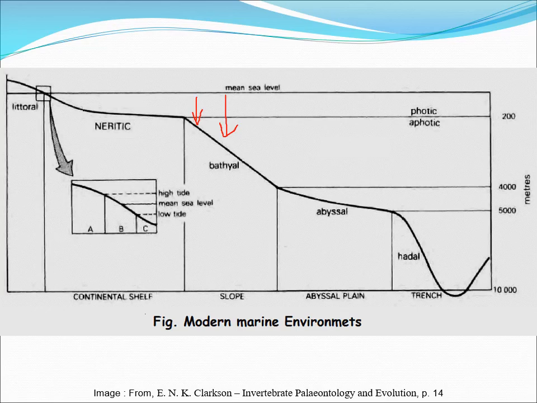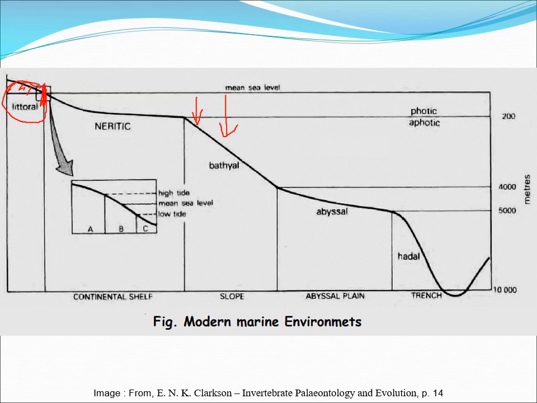Now, if we look at the marine topography, modern day ocean topography, you may find different zones at different depths. The most coastal part, that is the beach part, and the intertidal zones, is known as the littoral zone. Here you can see this portion is the land part, and this is the junction point of land and sea.